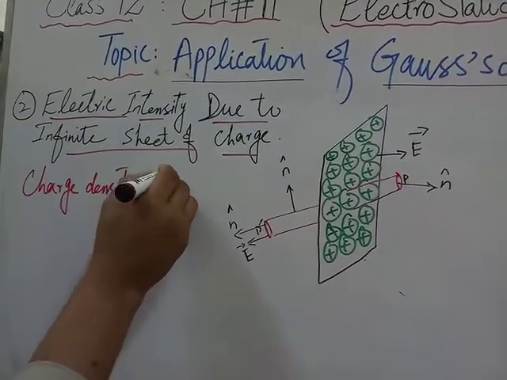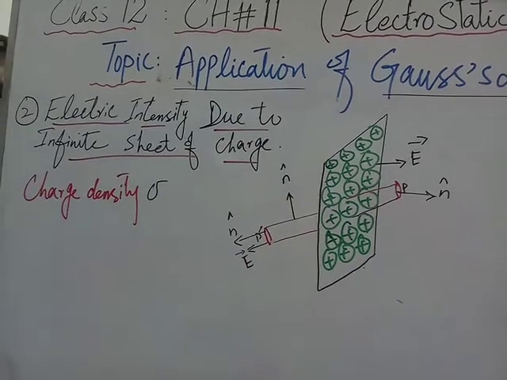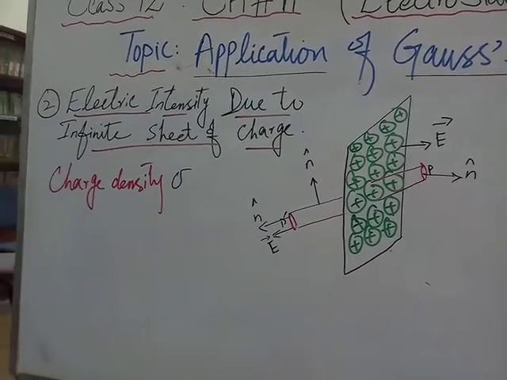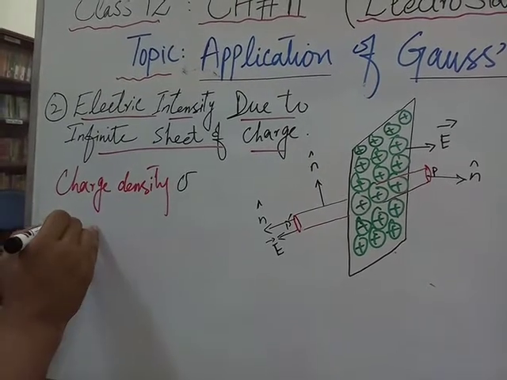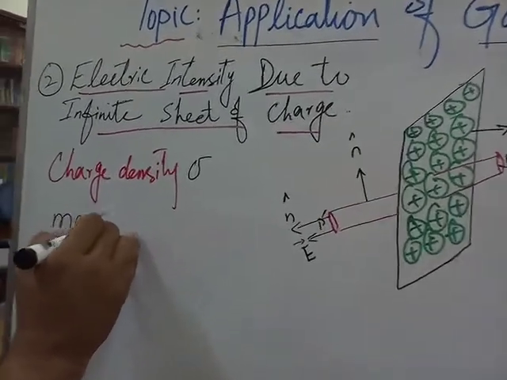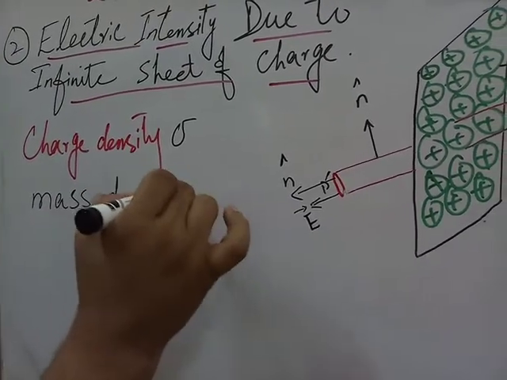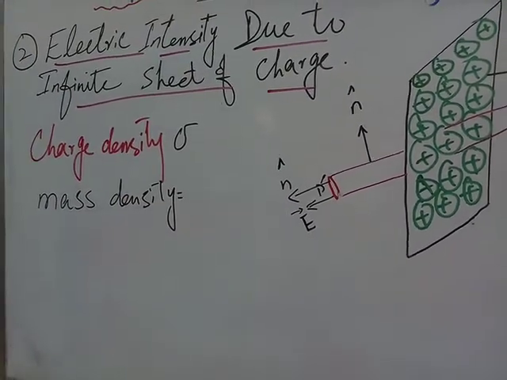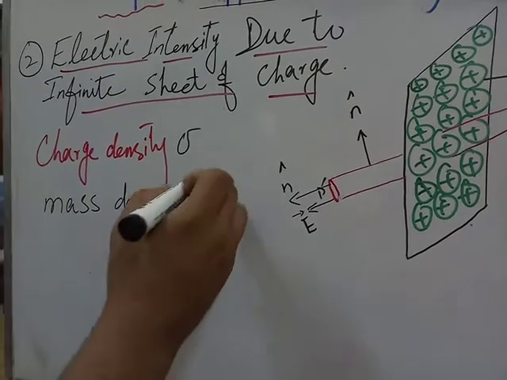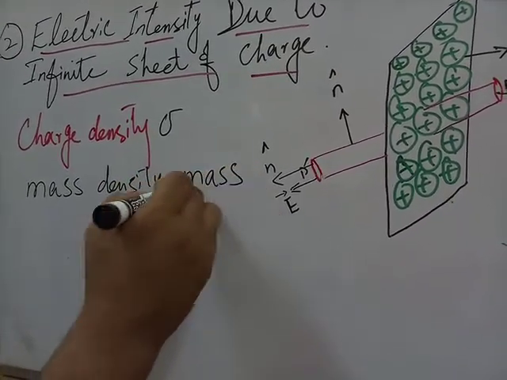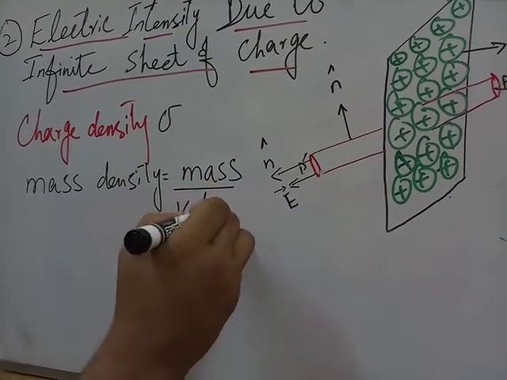It's called sigma. So you know that the formula for density is mass divided by volume.